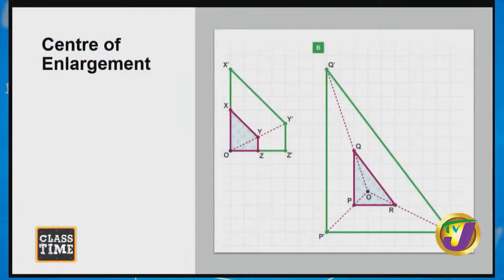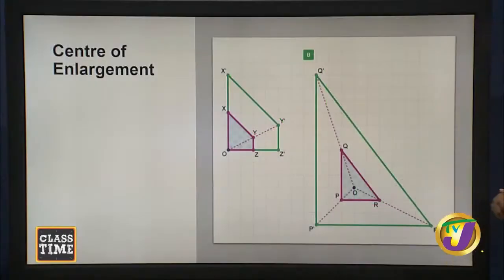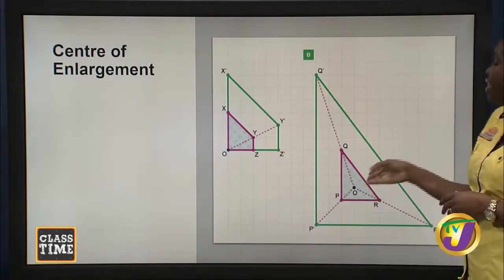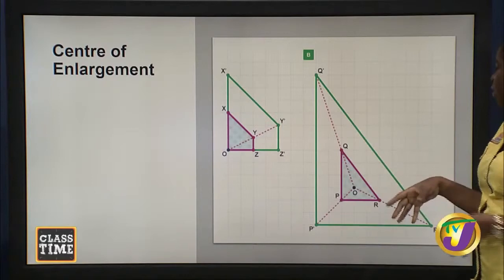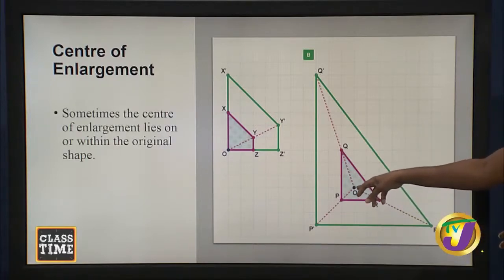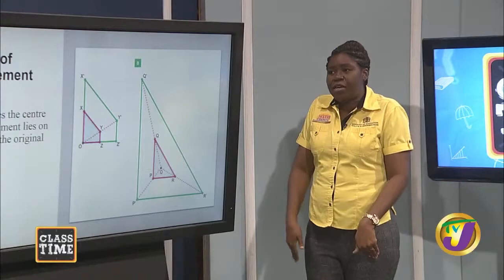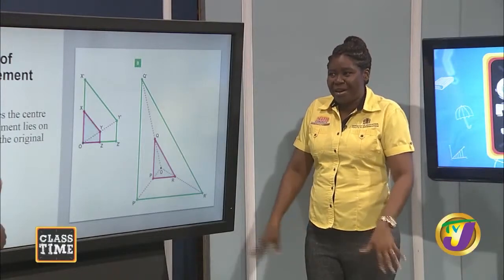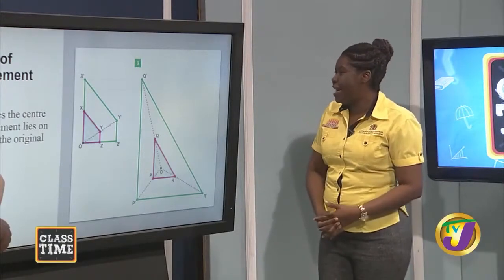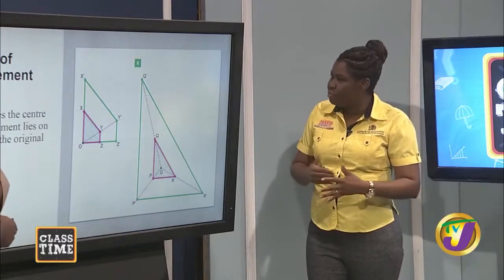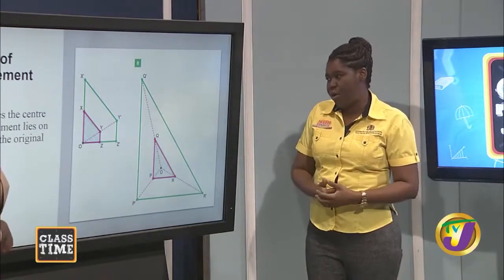In this case, notice center of enlargement O is on the object, or it can also be inside or within. Notice O here is within the original shape. Sometimes we're standing directly under the light, so the shadow is right here within us. It depends on where the light is, so the center of enlargement changes, and it can be anywhere.